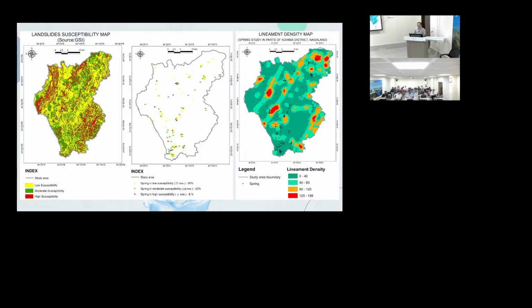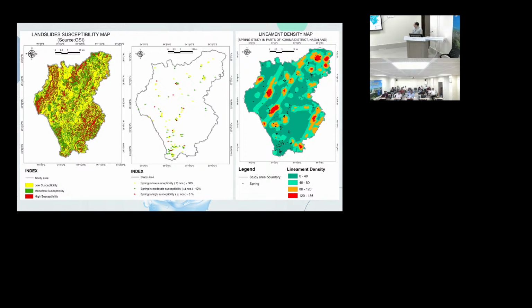So considering the landslide susceptibility map is very important when we go for spring shed management, especially in Nagaland. You can get this landslide susceptibility map for the entire northeastern states from the GSI website. Whenever you are planning a spring shed project, this map is very important.